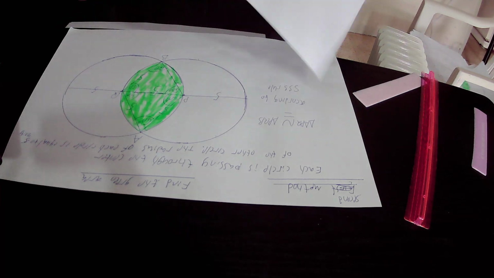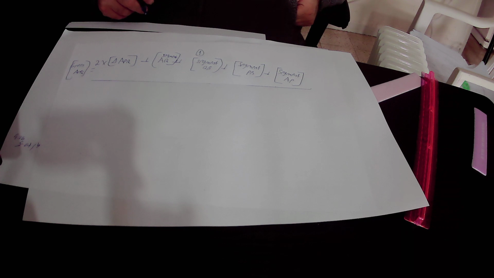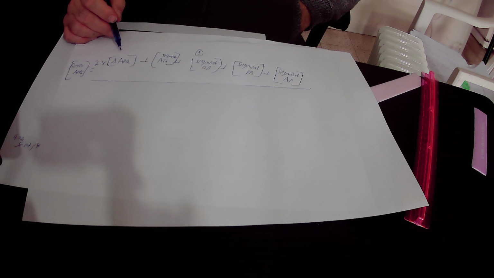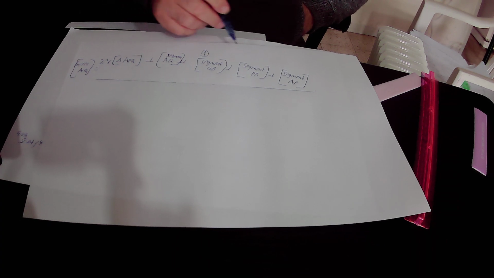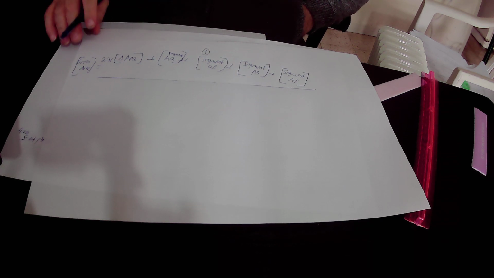I'll repeat again. The green area is equal to 2 times the area of the equilateral triangle, triangle APQ, plus the area of segment AQ, plus the area of segment QB, plus the area of segment PB, plus the area of segment AP.